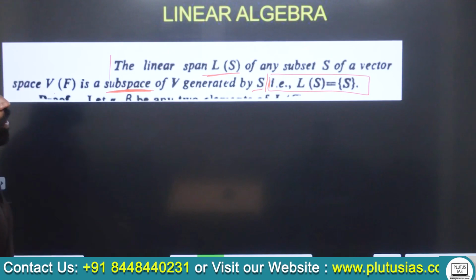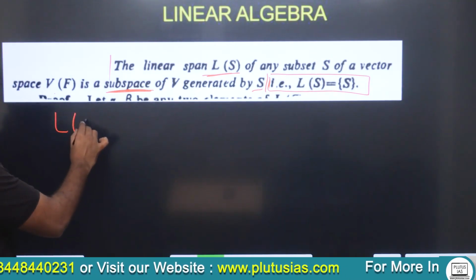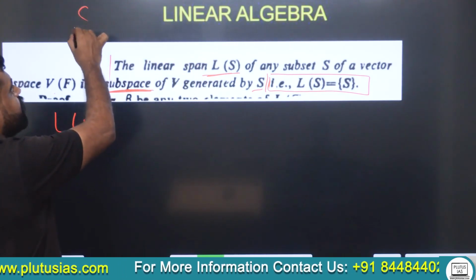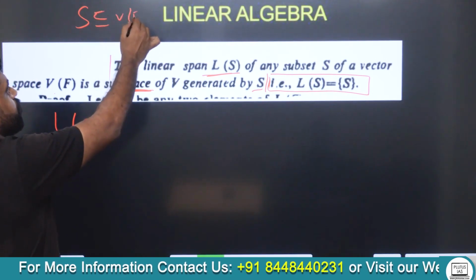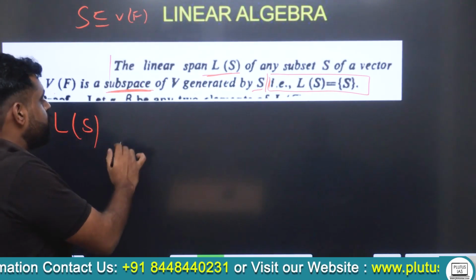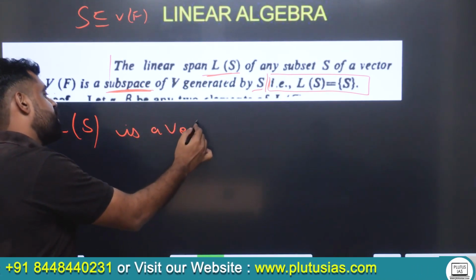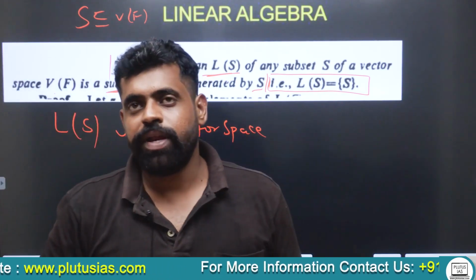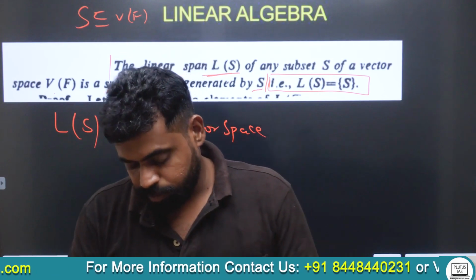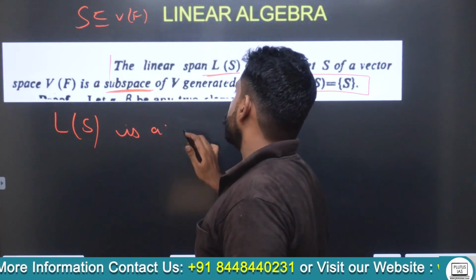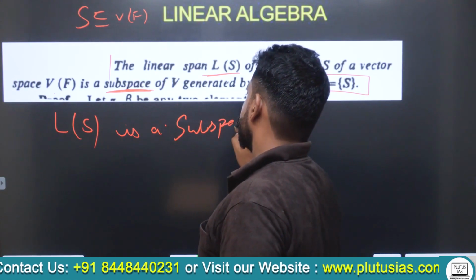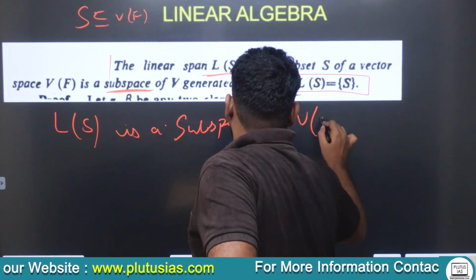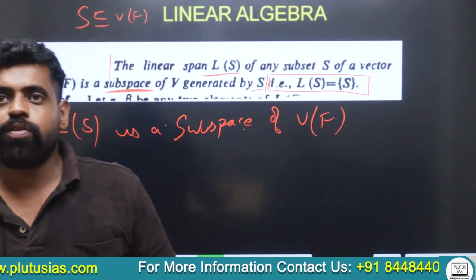From here to here, you have to prove that LS, that is the linear span of a subset S, where S is a subset of V, is a vector space. Please try to prove this. Sorry, this is not a vector space, this is a subspace of V. Please do this.